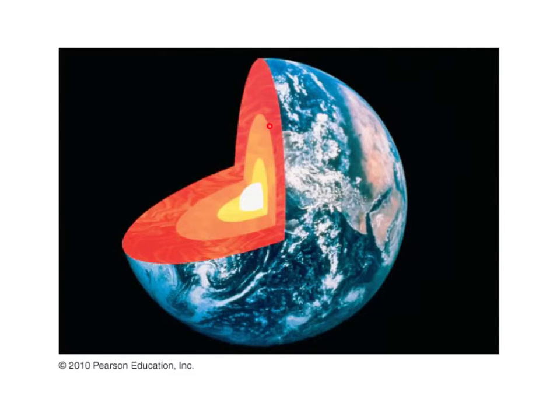They have different masses. So this orange stuff right here around the edge is very dense, dark rock that we call peridotite, just for your information. The lighter yellow stuff is, well, we think it's an even denser rock, but they're both rock.